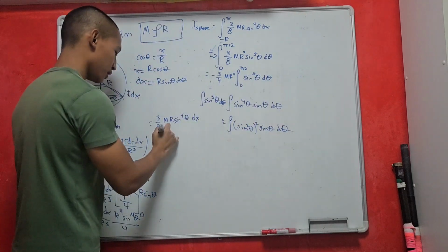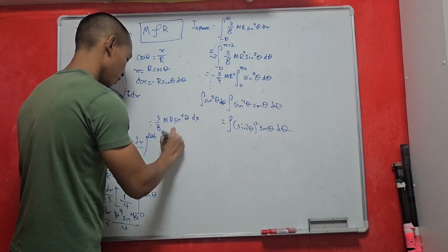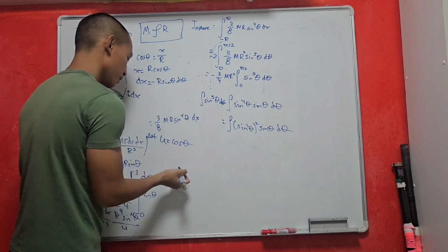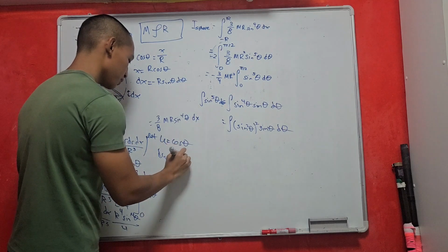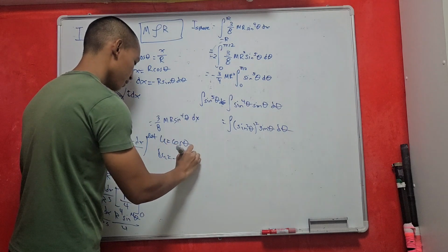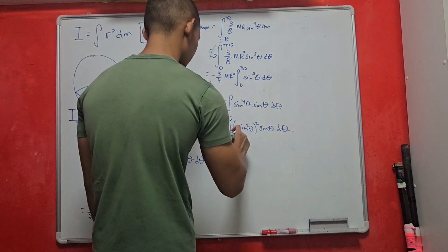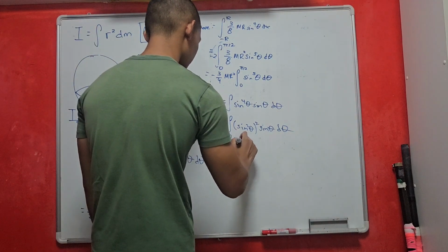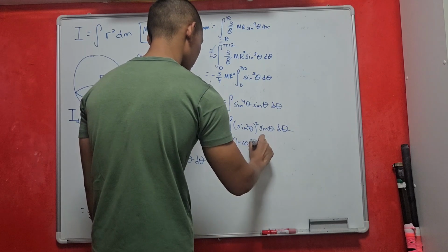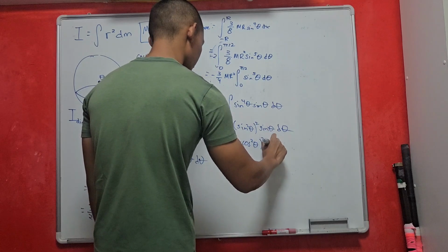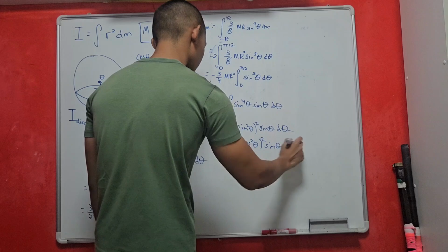So write down, let u equal cosine theta. So du is equal to negative sine theta d theta. So I'll get this to be 1 minus cosine squared theta, squared, times sine theta d theta.